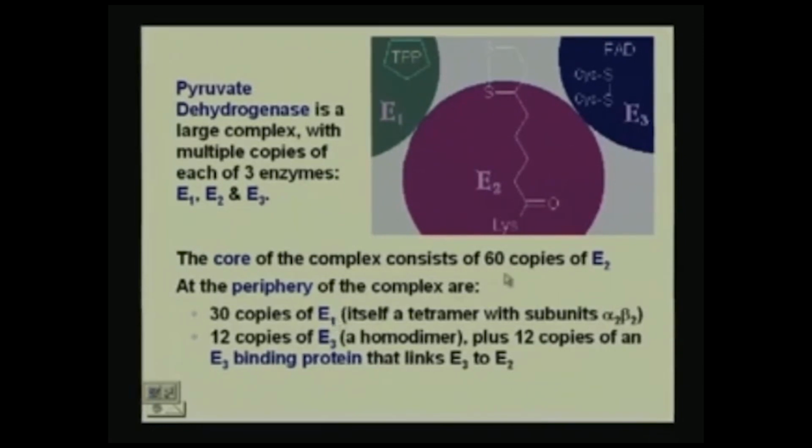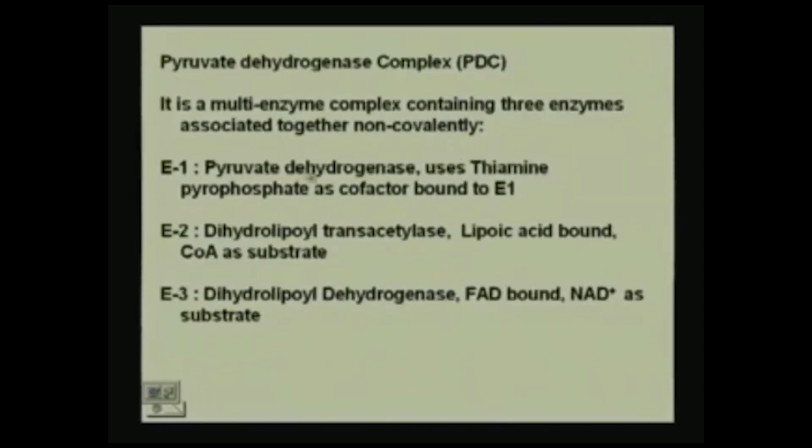There are 60 copies of E2 in the core of the complex, 30 copies of E1 and 12 copies of E3. So, you can imagine that this is a huge complex in the way it actually acts. Each of these have their own cofactors associated with it.